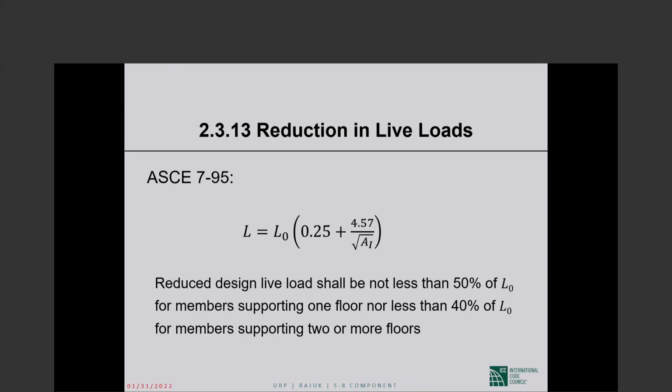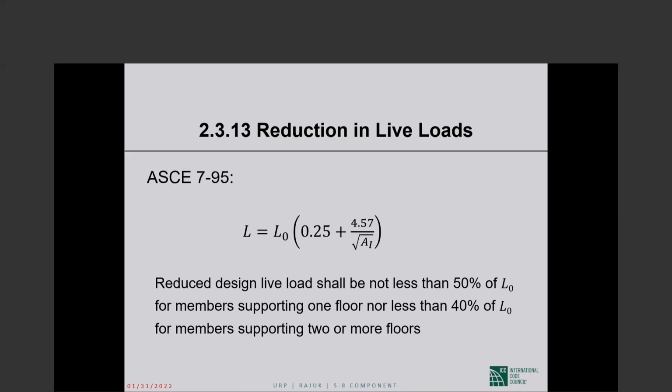And this again, I'll explain tributary versus influence area. This was the formula in ASCE 7-95. Your document is ASCE 7-05. BNBC 2020 is based on ASCE 7-05.